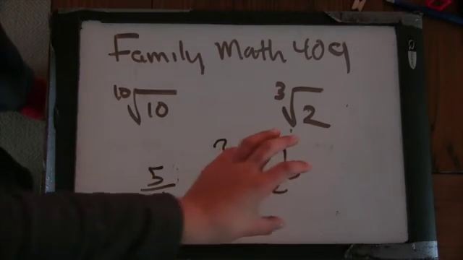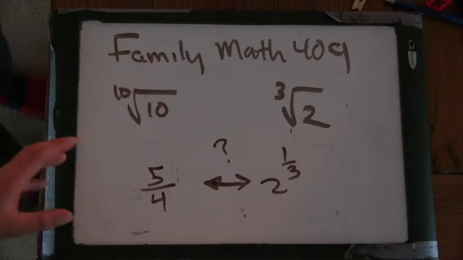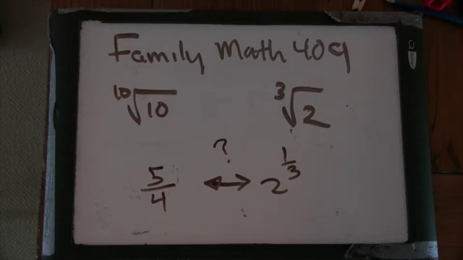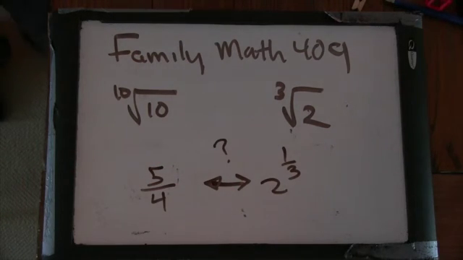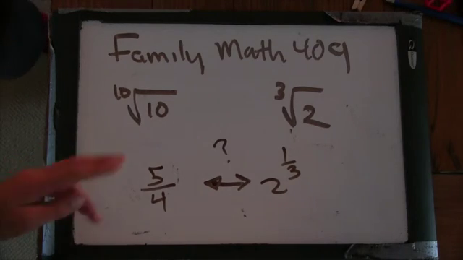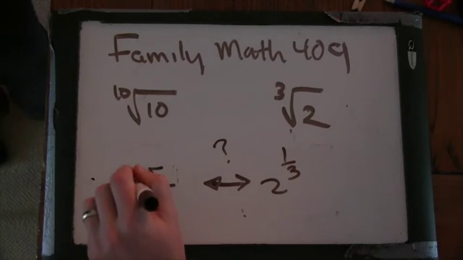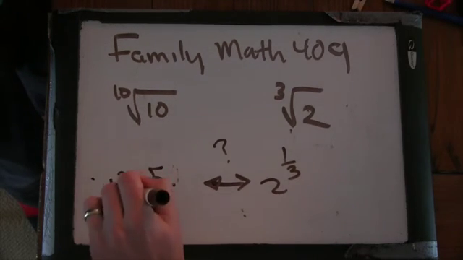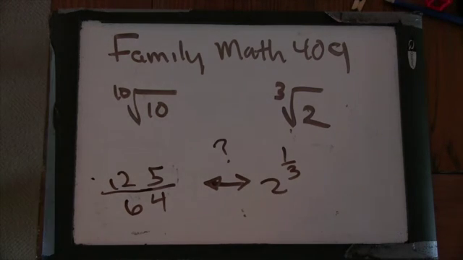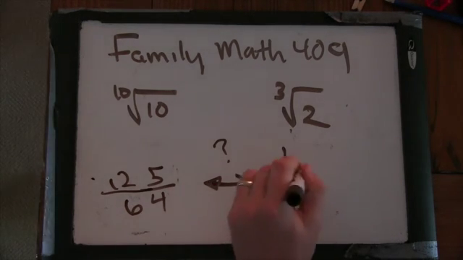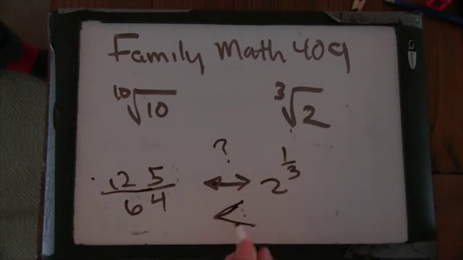We could cube everything. Since they're both positive, it won't mess around with the inequality. So if we cube 5/4, we get 125 over 64, which is less than 2. Cube this, we get 2.